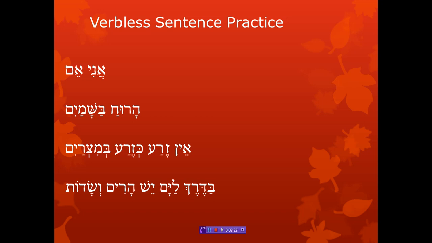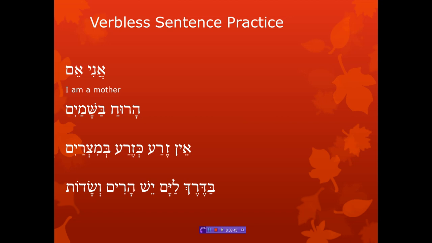So ani, maybe you recognize that that's the pronoun, the first common singular pronoun, I. And then we just looked at the word em, Sarah hi ha'em. Em is the word for mother. So this sentence is, I am a mother. Okay.